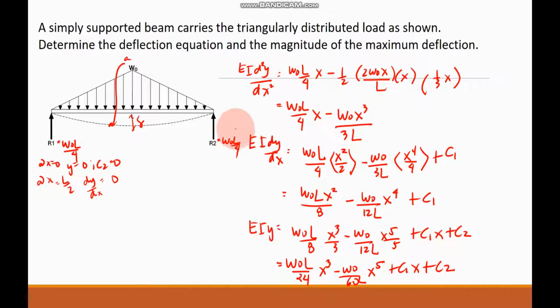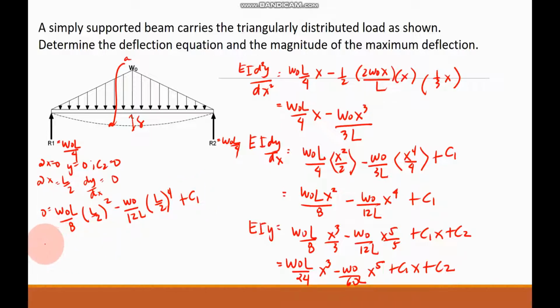So, using this equation, we have 0 is equal to WO L all over 8 L all over 2 squared minus WO and then 12L L all over 2 raised to 4 plus C1.